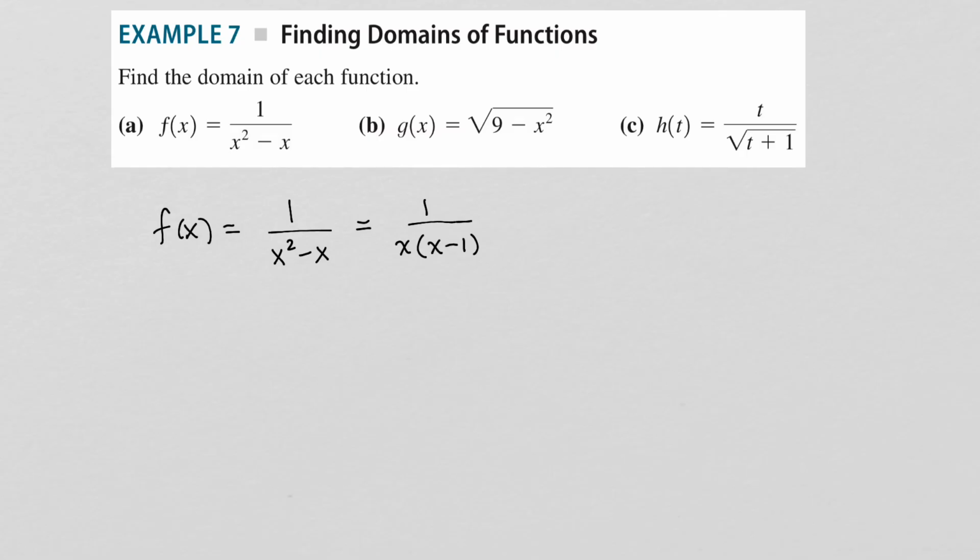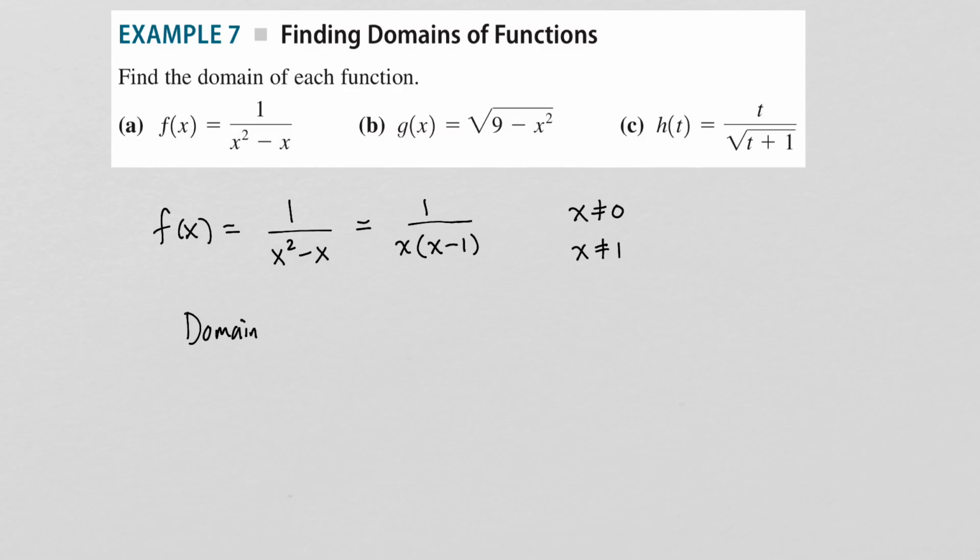This helps us see quite easily that x cannot be equal to 0, because if you plug in 0 here, you're going to get 0 in the denominator. And also, x cannot be equal to 1, right? Because if you plug in 1, 1 minus 1 is also 0. So what is the domain for this function?